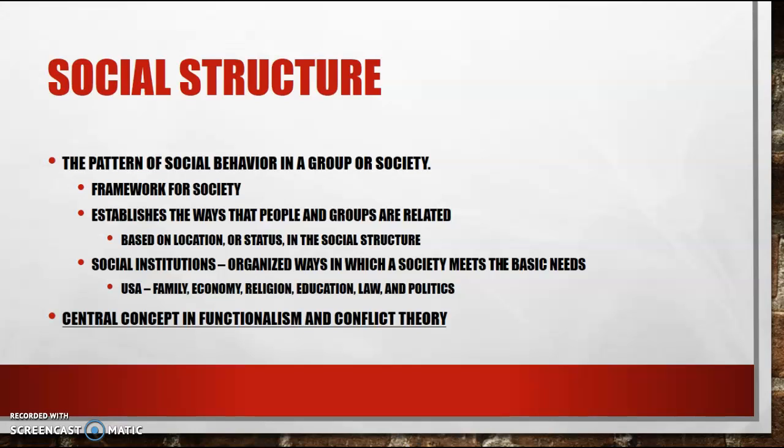So the way that we look at this is the basic social institutions that organize the ways in which society meets its basic needs. In the United States, our basic social institutions are family, economy, religion, education, law, and politics. And we'll look at how if you change something in one, you change something in the other ones.